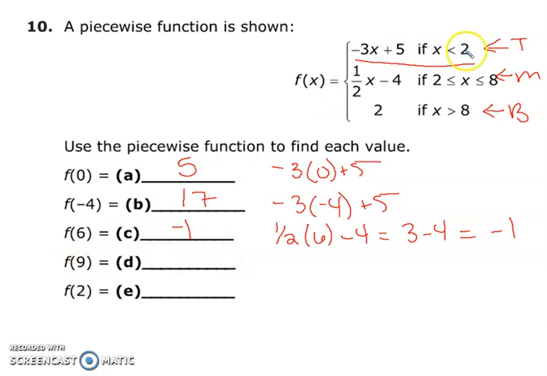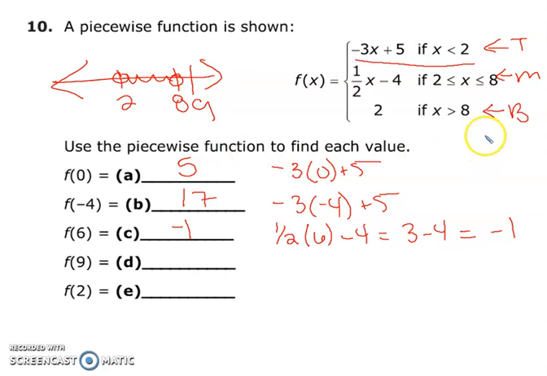F of 9, is that less than 2? Nope. Is it between 2 and 8? Yes, no? I'm hearing yeses. 9 is between 2 and 8? No. If I had a number line, 2 and 8, 9 is not going to be in here, y'all. 9's going to be over here. Okay, so I'm going to plug it into this one.